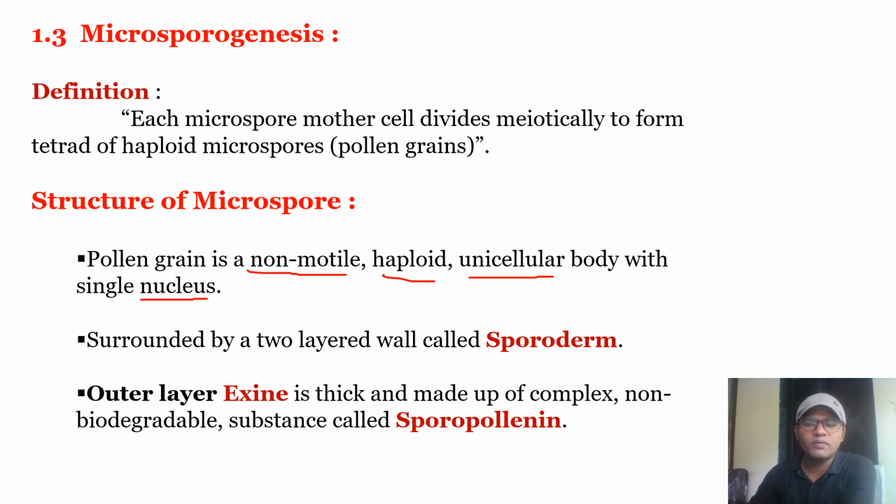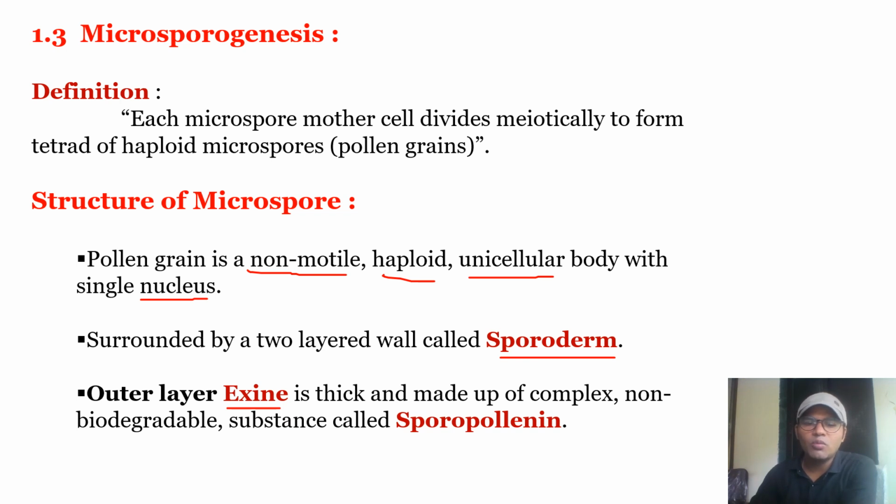It consists of haploid number of chromosomes, and it is a unicellular body, consisting of a single cell and a single nucleus. And it is covered by a two-layered wall called sporoderm. And what are those two layers? Outermost layer is called exine and inner is called intine.